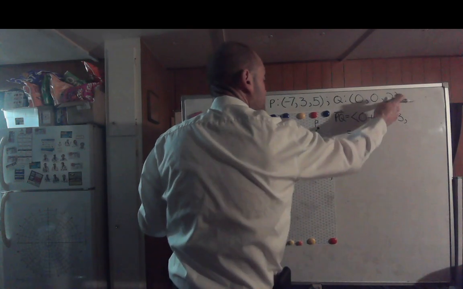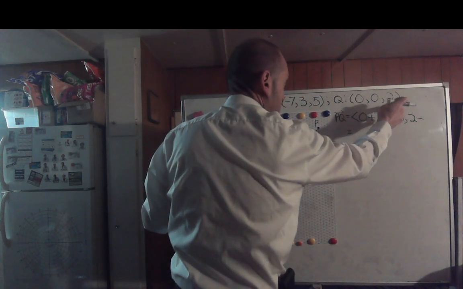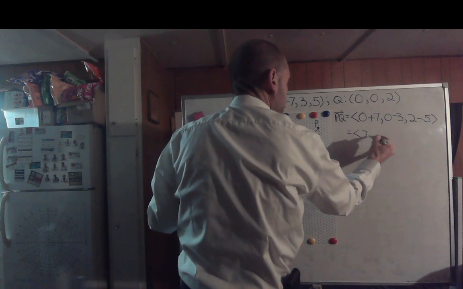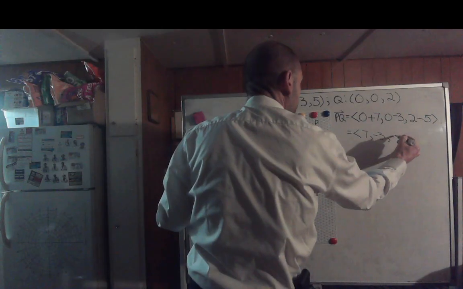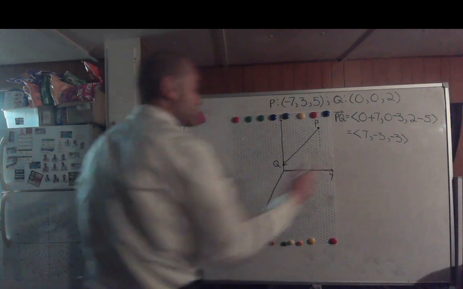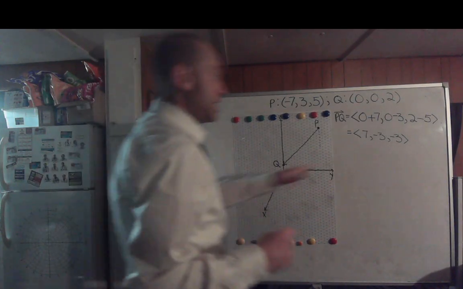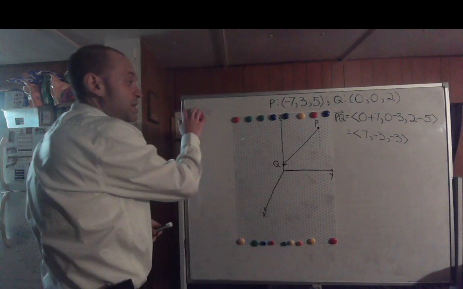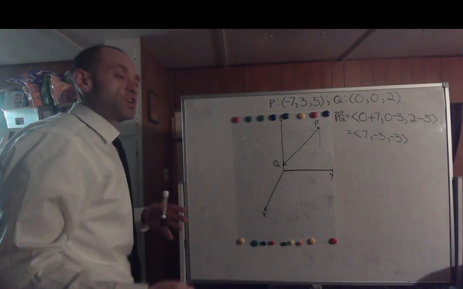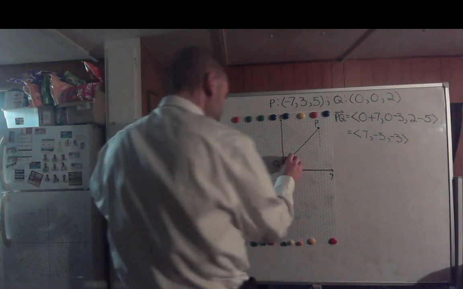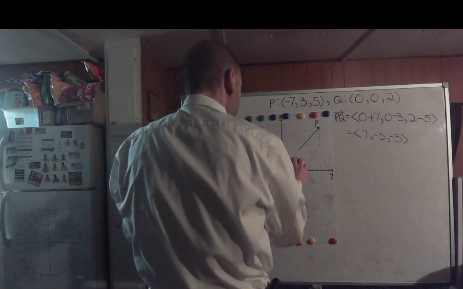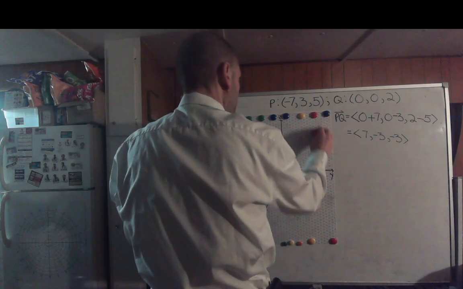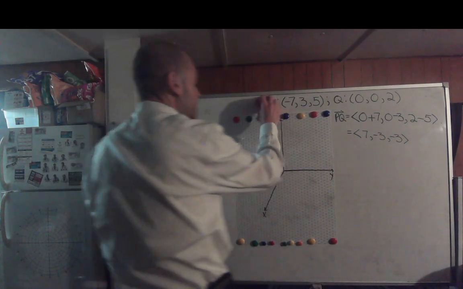And then take my z2 of 2 minus my z1 of 5, giving me my vector being 7, -3, -3. So the vector in this case would be 7, -3, -3. So finding the vectors themselves is pretty simple. I think we probably have a good grasp on how to actually find a vector.